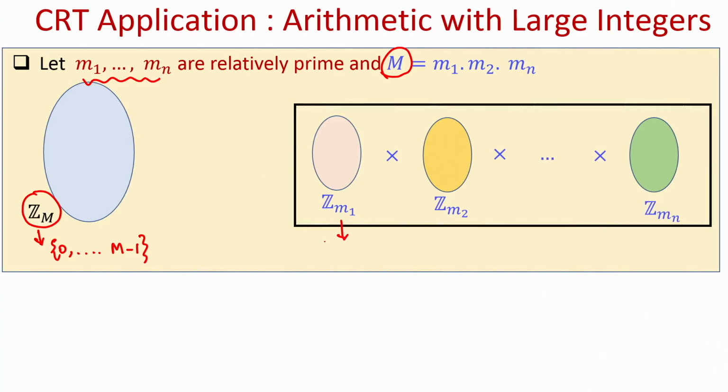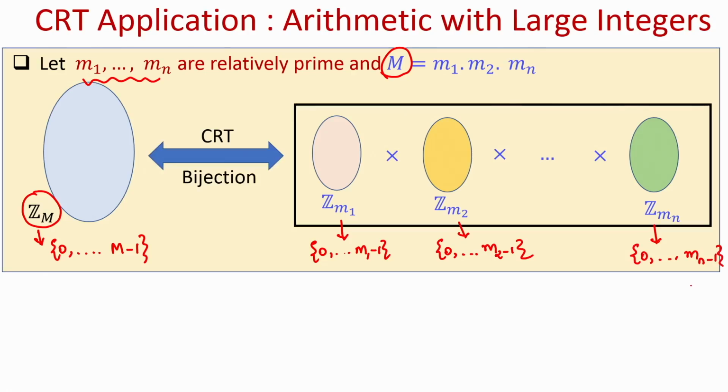You have Zm1, which is nothing but all the integers from 0 to m1 minus 1. Zm2 has all the integers from 0 to m2 minus 1, and Zmn has all the integers from 0 to mn minus 1. We will later encounter these sets again.